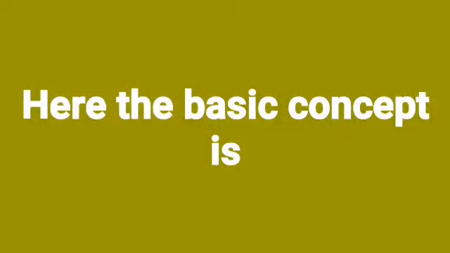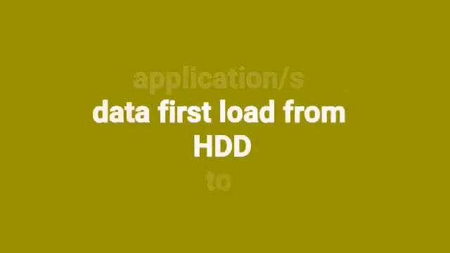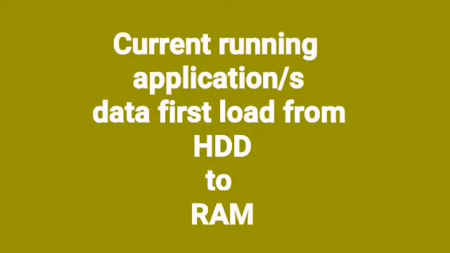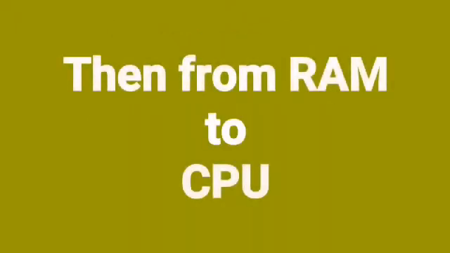How? Because from the hard disk drive it transfers all the data mandatory to run that application into RAM. It loads all the data to the RAM first, and whenever you open that application, it opens from RAM, not from the hard disk drive.